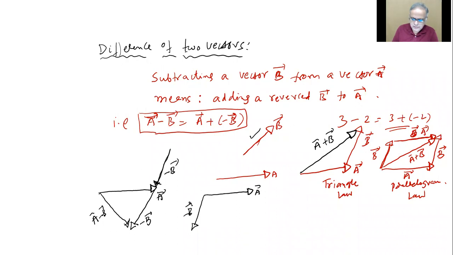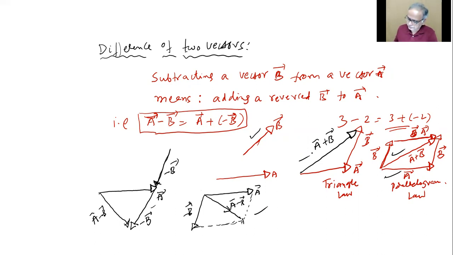Isn't it so? The original b is like this on the right. Check it. So reverse will be like this, and I move it like this. So this is once again my a. This is once again my reverse b. This will be the diagonal. So this is my a minus b. So hope you followed the geometry there.